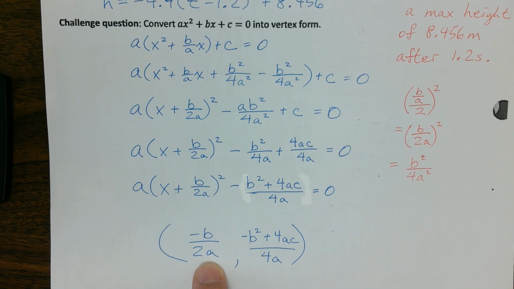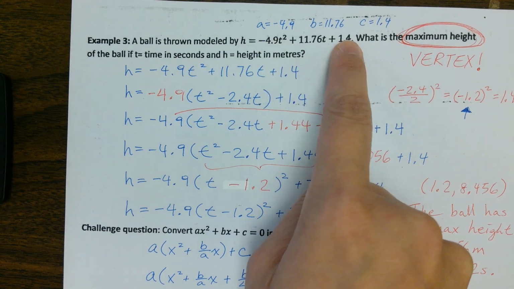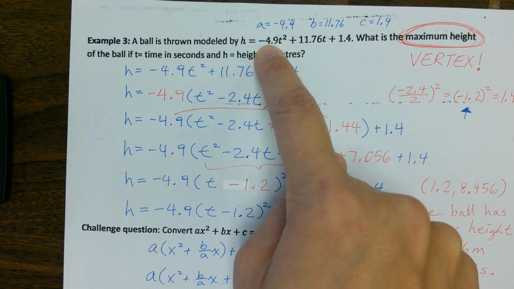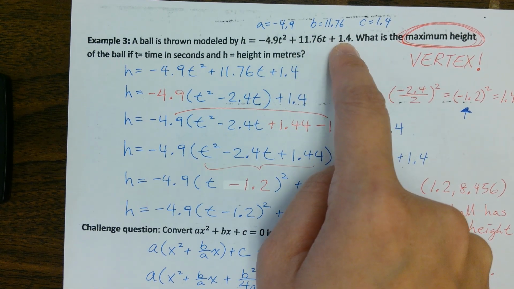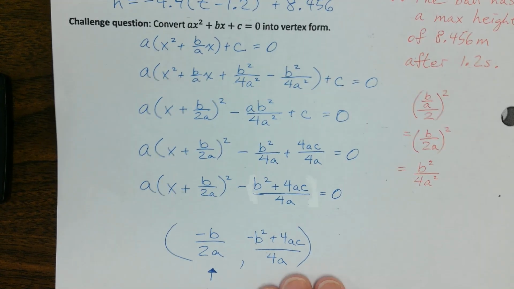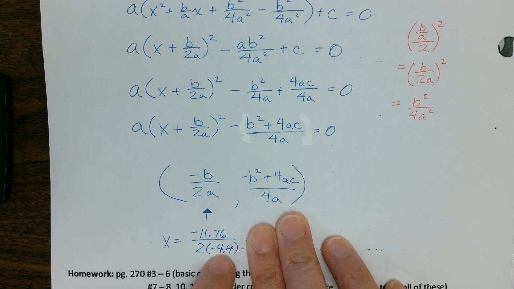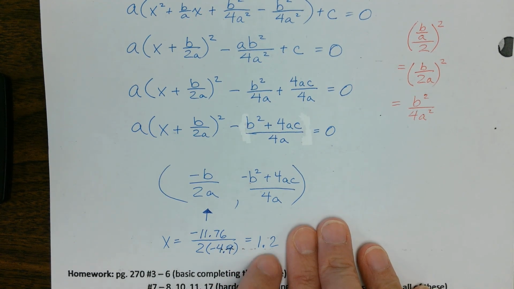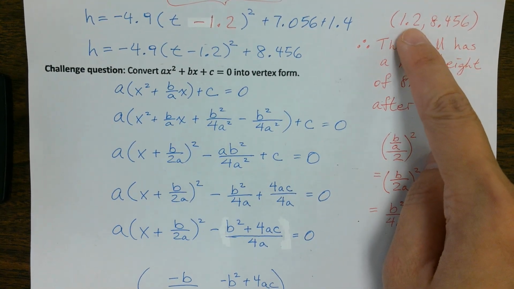So for example, let's say this equation right here from our word problem. My a is negative 4.9, my b was 11.76, my c is 1.4. Remember those numbers? When you sub it in, negative b over 2a, so negative 11.76 over 2 times negative 4.9. When you do it on your calculator, what do you get? 1.2, which was the x value of our vertex.